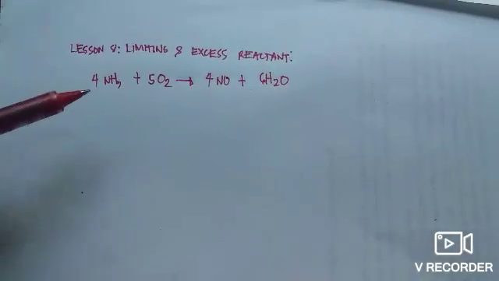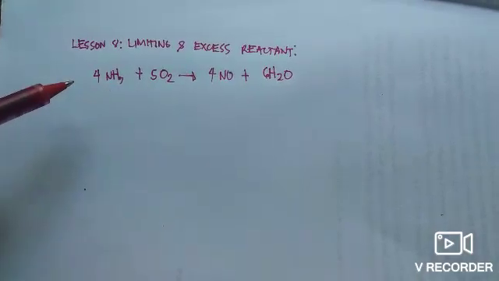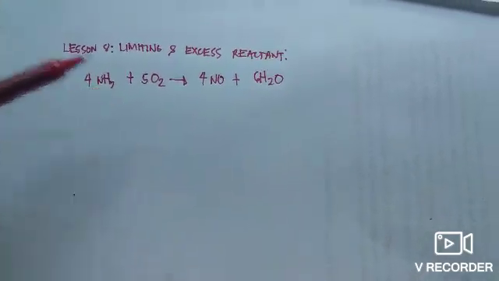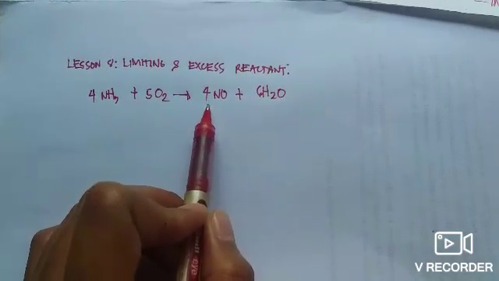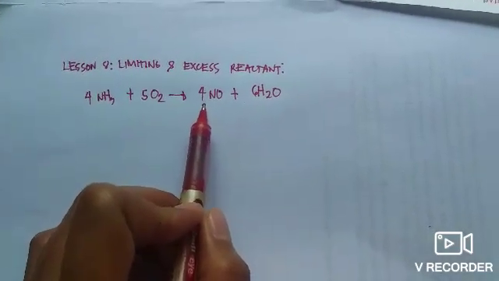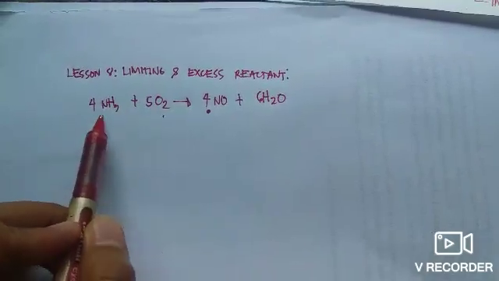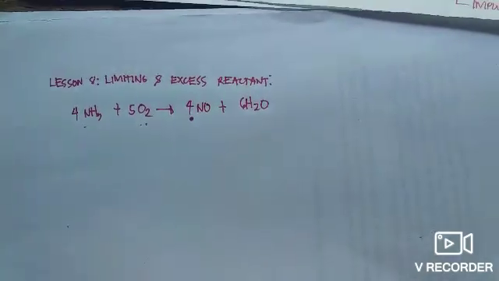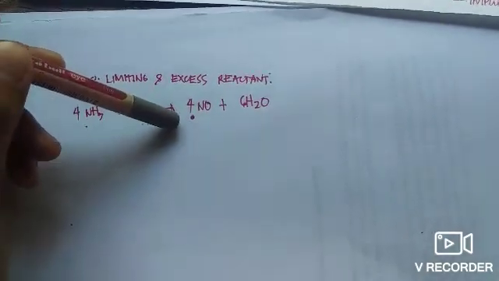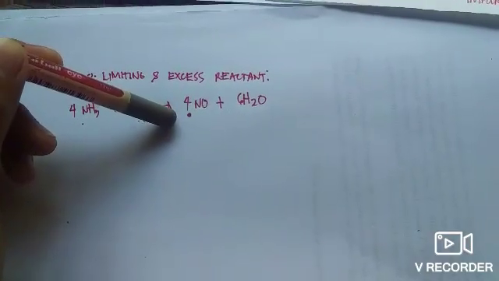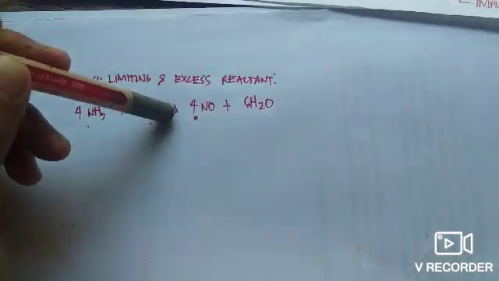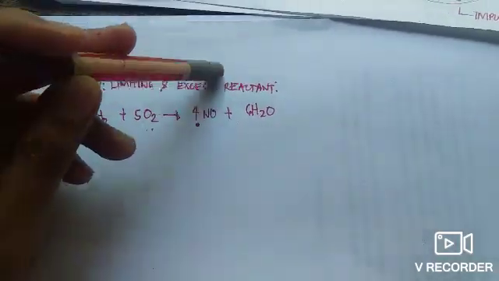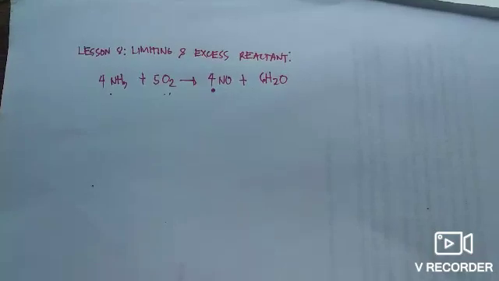First, kailangan nating isolve ang magiging value ng reactant papunta sa isang product. So in this problem, we are going to identify how many grams of each reactant are present in order to form 4 grams of nitrogen monoxide, or in order to form the product which is nitrogen monoxide.